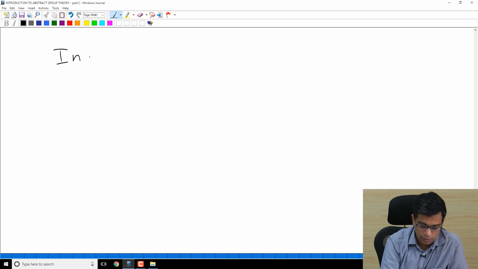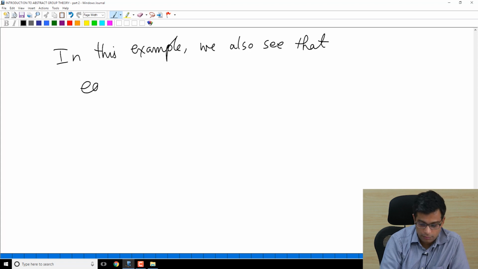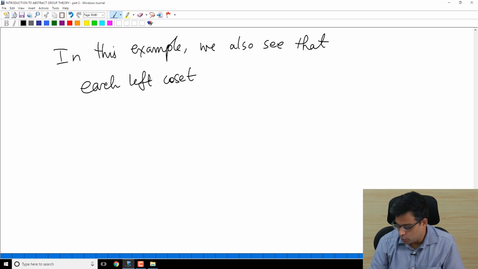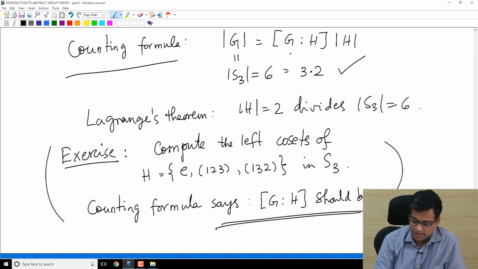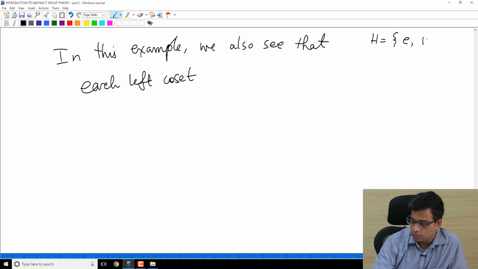So maybe I'll just record this here. In this example that we worked out, we also see that each left coset has 2 elements. In the example, H was {E, (1 2)}.